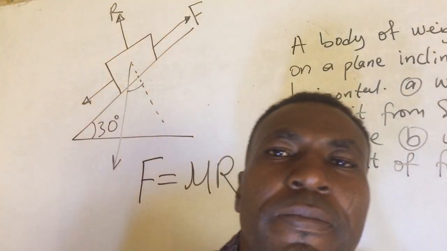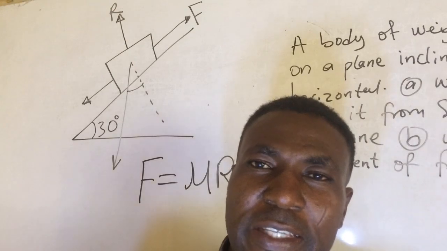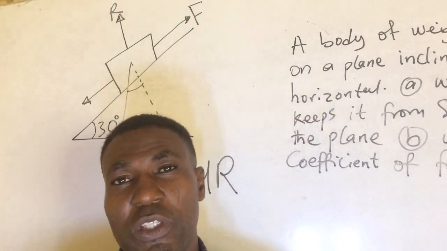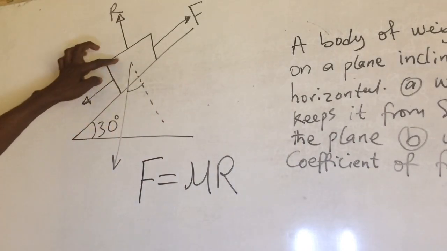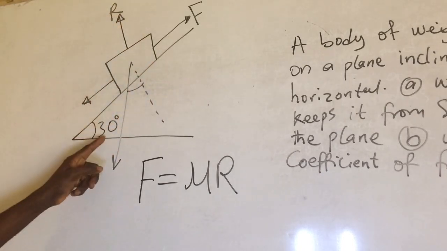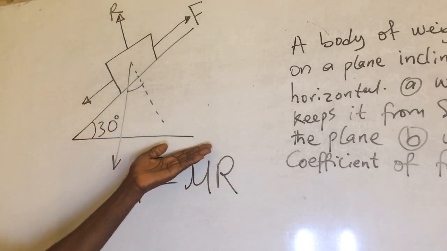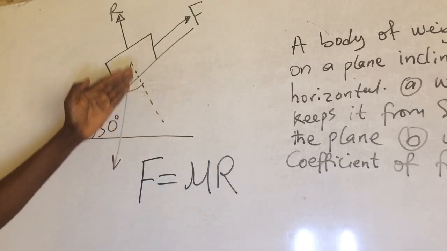But if it's an inclined plane, just like this question, look at it. This is an object lying on this inclined plane, and the inclined plane makes 30 degrees with the horizontal ground. So this is an incline.